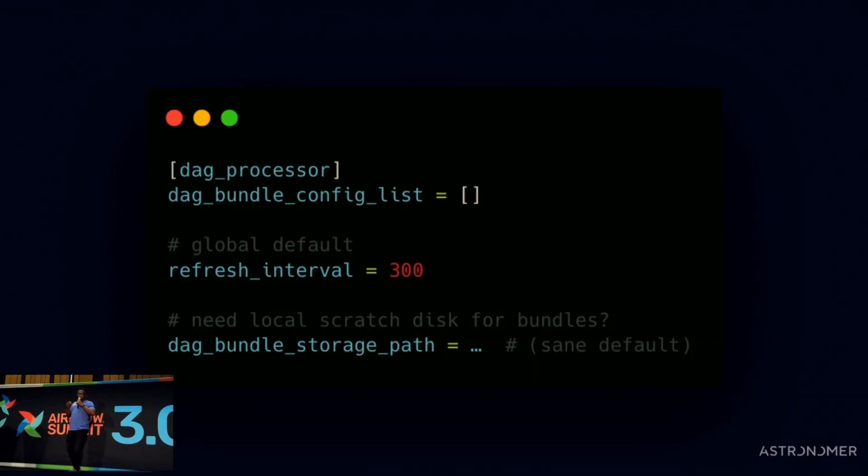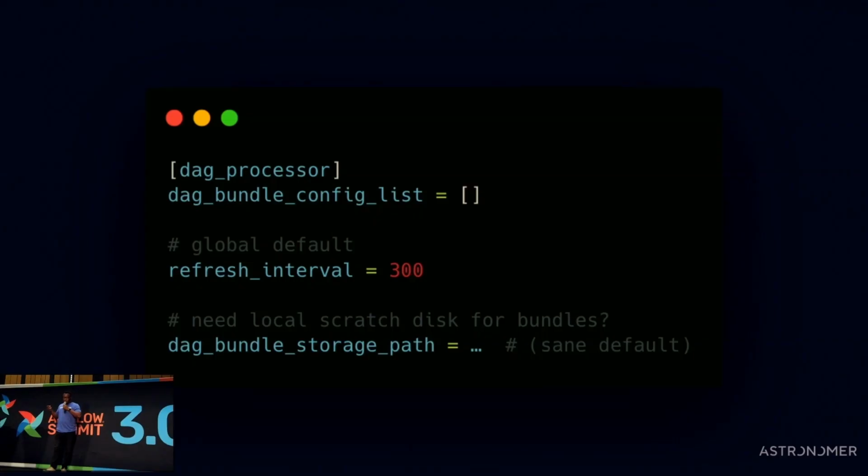Then we also have a configuration for the bundles called the refresh interval. The refresh interval is how often Airflow should check for a new version in your bundle. We have a global default and also a way to override it from your bundle configuration. So if you have a refresh interval set in the bundle configuration, it will override the global default.